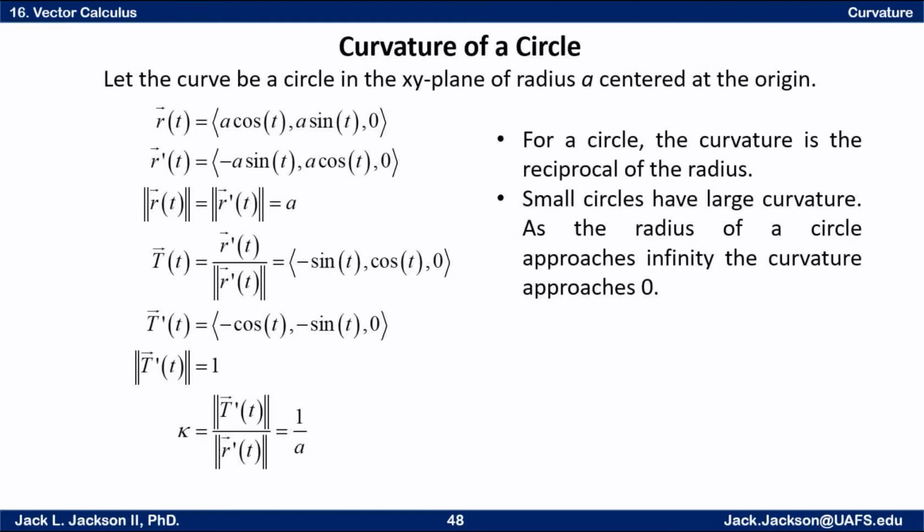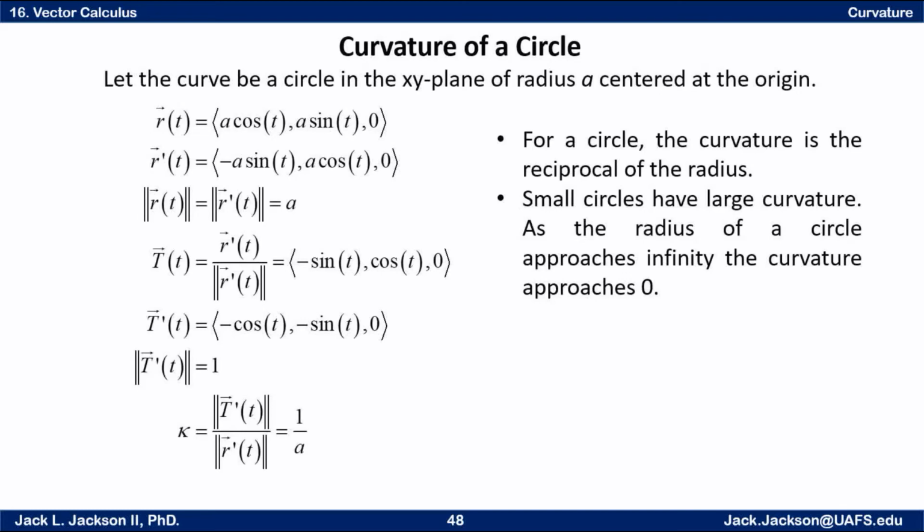Derivative of sine is cosine, so this is minus cosine of t. Derivative of cosine is minus sine, so we have minus sine t and 0. So negative cosine t, comma negative sine t, comma 0 is T prime. The norm of that, again, is 1. We always know the norm of T is 1, but the norm of T prime is also 1.